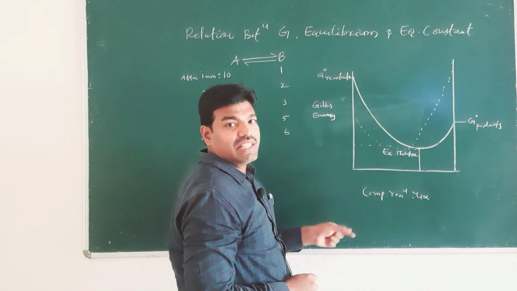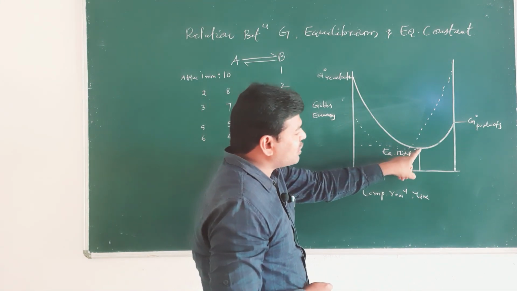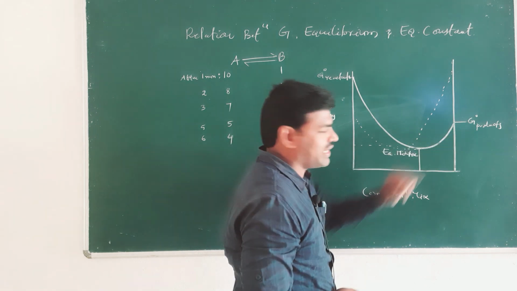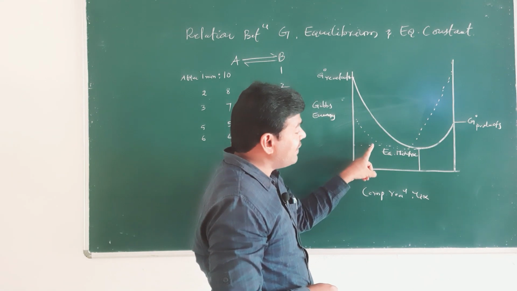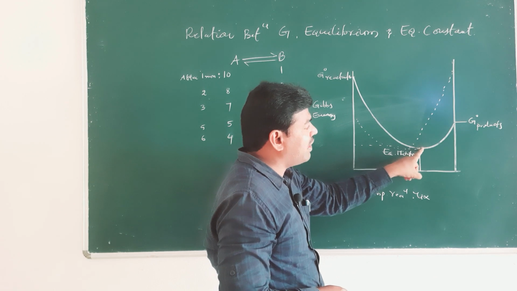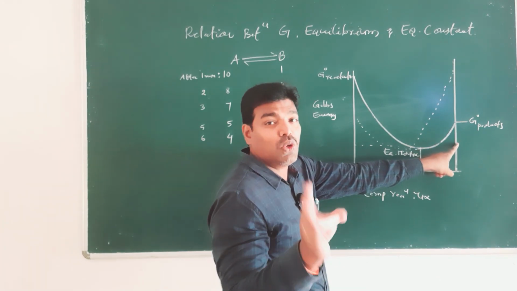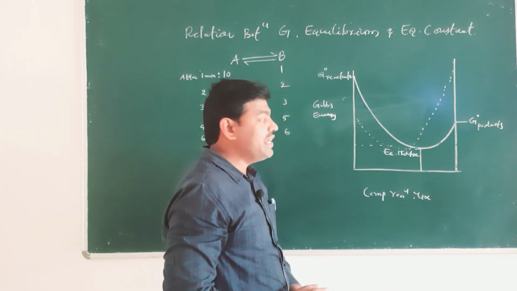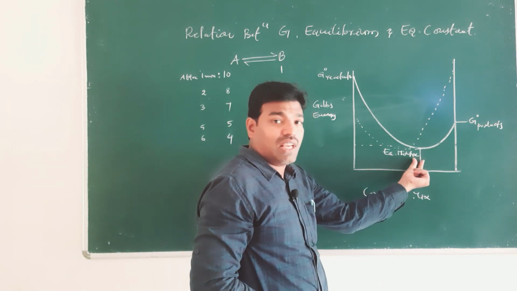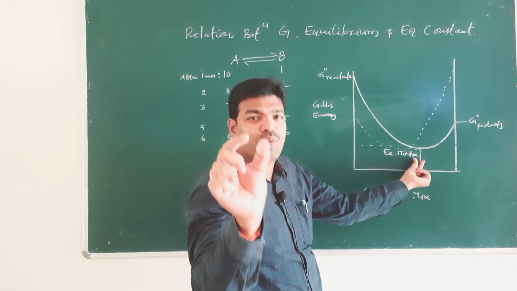If the Gibbs energy minimum lies close to the products, that means the equilibrium mixture strongly favors products.